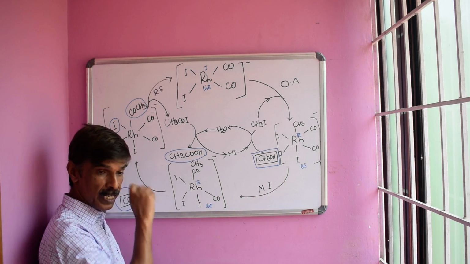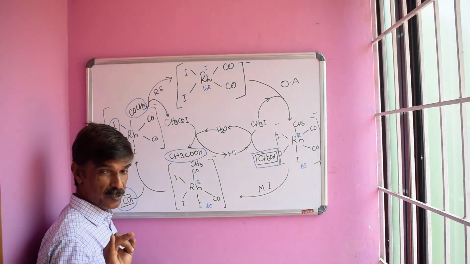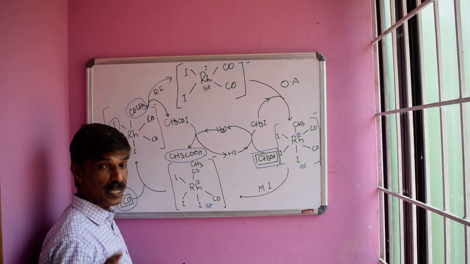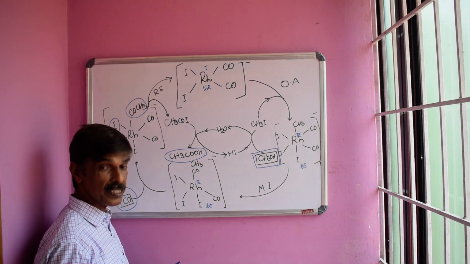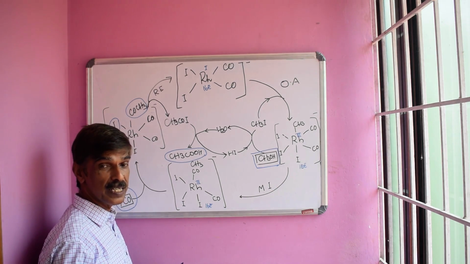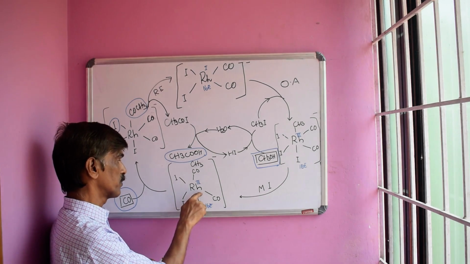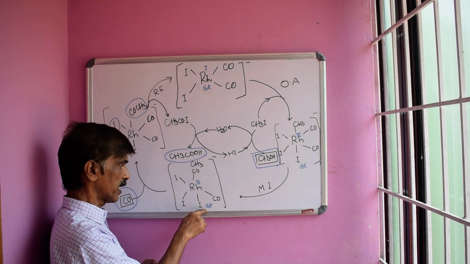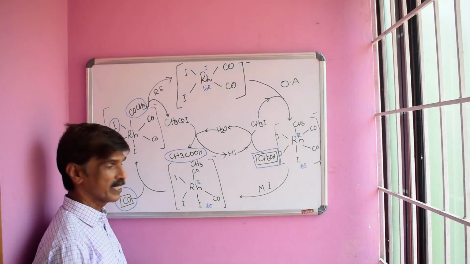Rhodium is coming under cobalt group, and its electronic configuration is d7s2, 9 electrons. So rhodium 1 has 8 electrons, and this rhodium 3 has only 6 electrons. And in this, there are only 5 ligands. 5 ligands contributed 10 electrons, and 10 plus 6 is a 16 electron species.